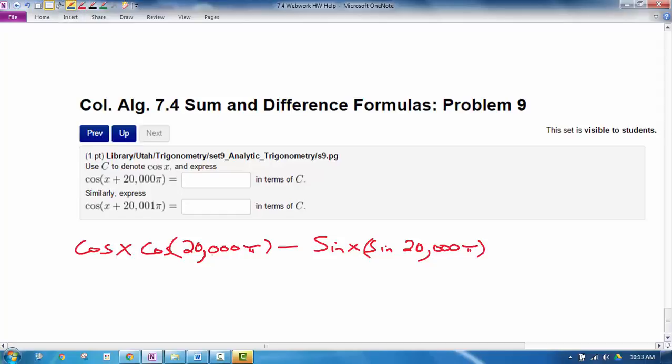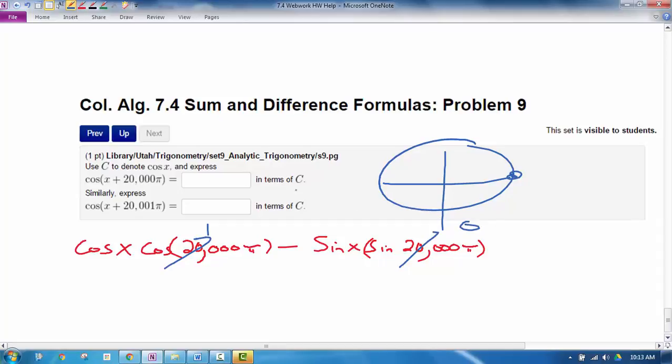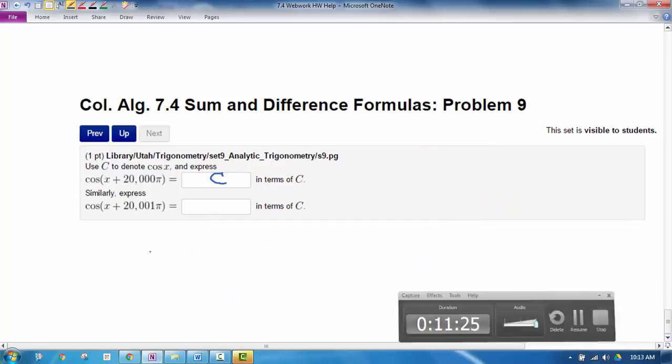And we can simplify this because we know the cosine of 20,000 pi, it's an even number of pi's, like 2 pi, so we're on the unit circle at this spot right here, which the cosine of that value is just 1, and the sine of that value is just 0. So this just turns into the cosine of x, and they said use c for that. So that first answer is just c.